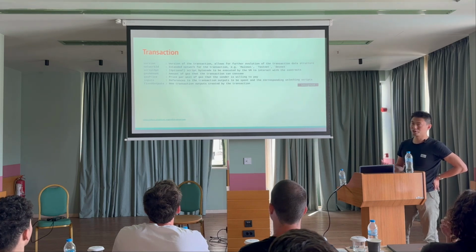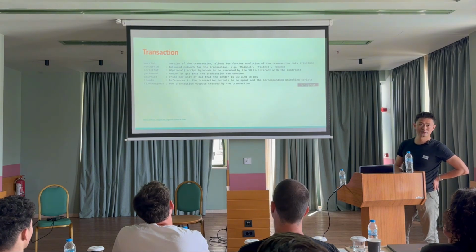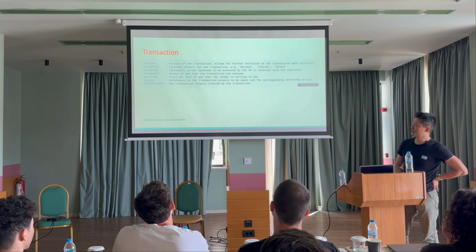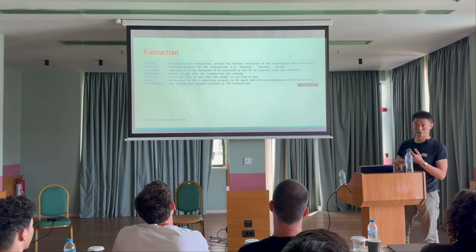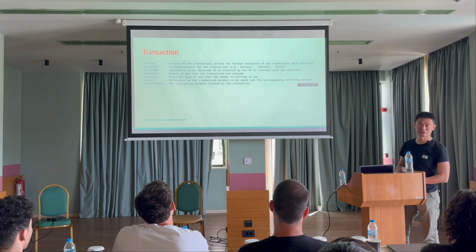And also inputs and outputs, which is very typical for a UTXO based chain. What's unique for Alephium is this optional script field, which contains bytecodes for interacting with the chain. You can express a bunch of stuff. This is where the stateful UTXO model manifests itself in the transaction data structure.